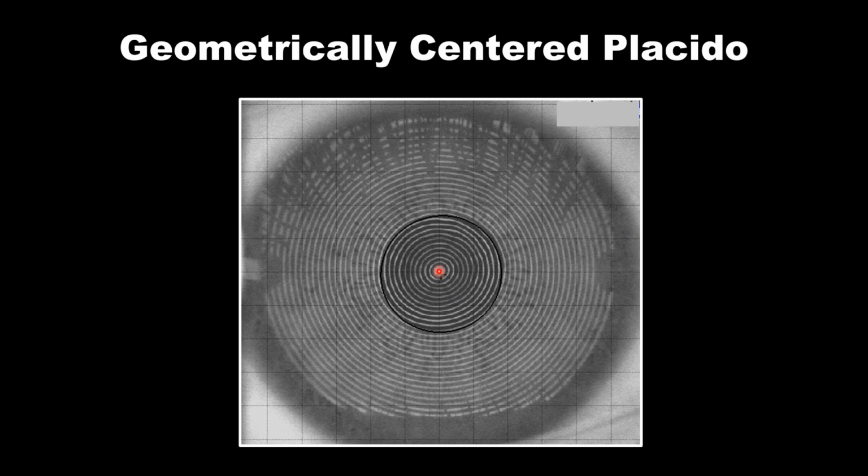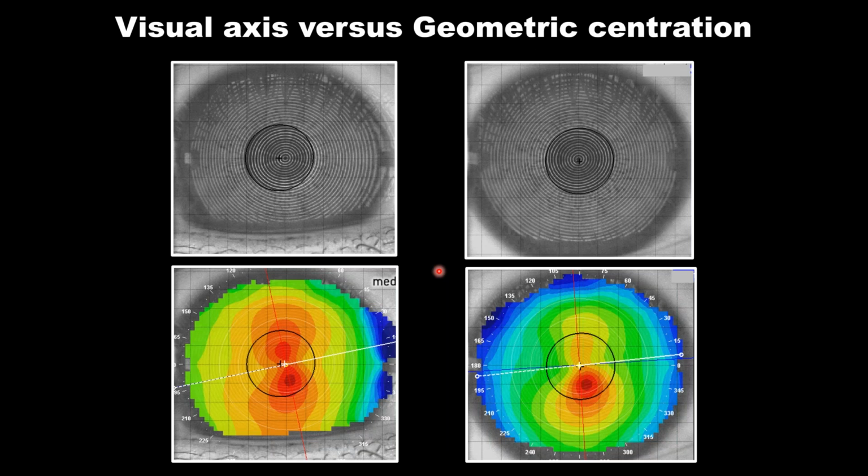So here's an example of a right eye where we have a visual axis capture on the left-hand side. Notice the rings hitting the nasal side. You can always tell which is nasal and temporal in your visual axis captures because you get the blue, the flatter contours, always on the nasal aspect, and then the steeper contours on the temporal side.